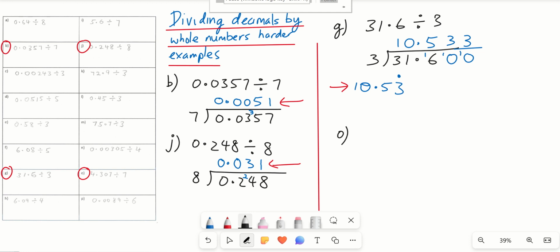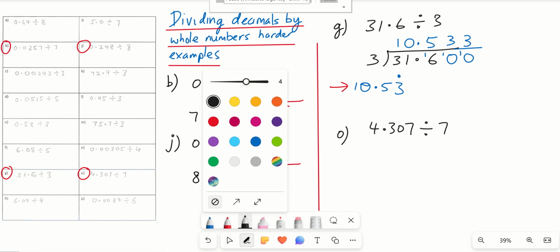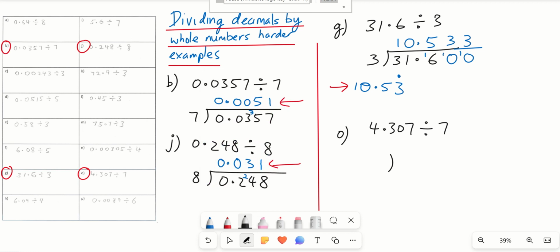We have 4.307 divided by 7. Again, we place the dividend in the division bracket. We have 4.307 divided by 7.